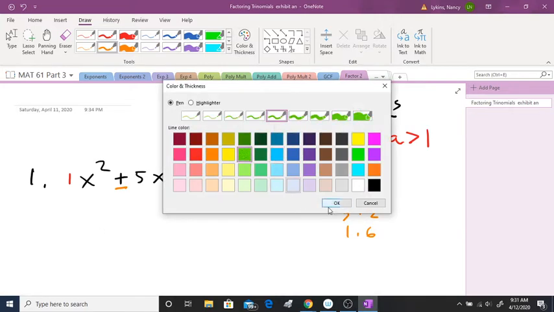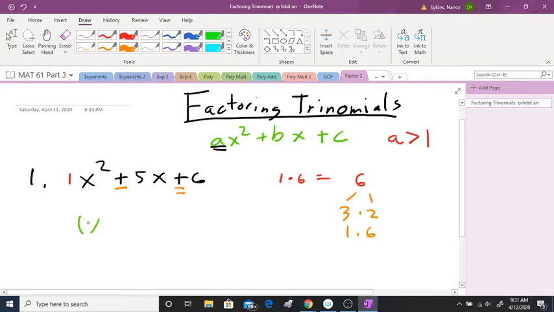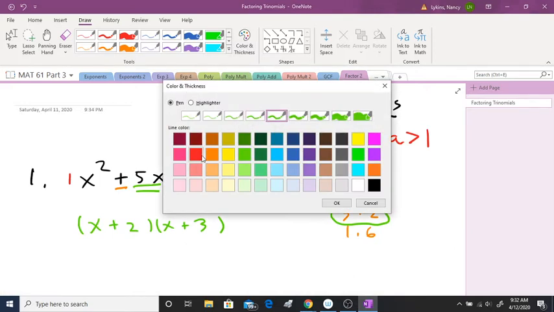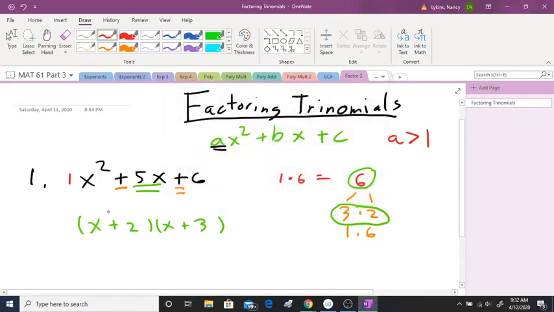So I know my answer is going to be x plus. That means both of my factors of 6 have to add up to 5, which is right here. 3 and 2. It doesn't matter the order you put them in, so it's x plus 2, x plus 3. This is the answer I'm looking for.